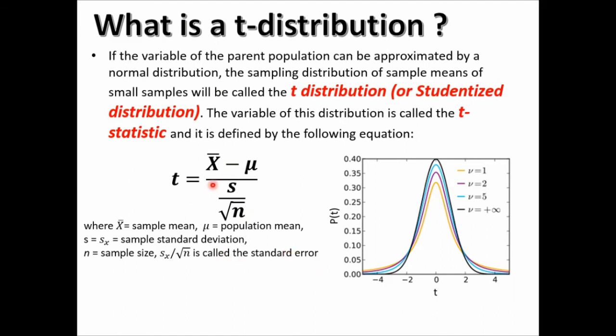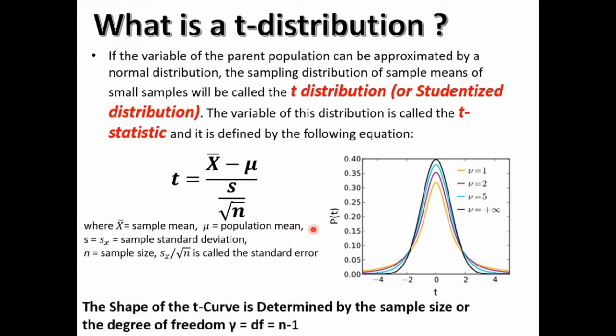Recall that we call this term here, s over the square root of n, the standard error. Again, the shape of the curve will be determined by the sample size or the degree of freedom, or the sample size n minus 1, as we can see here.